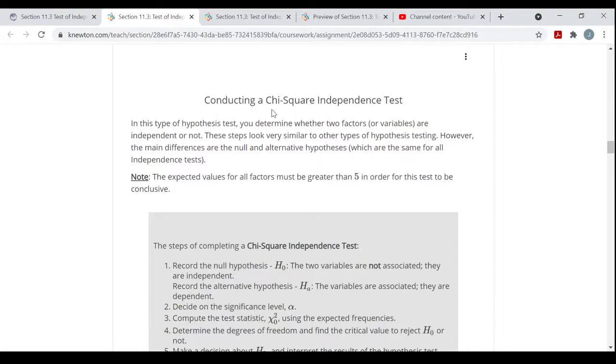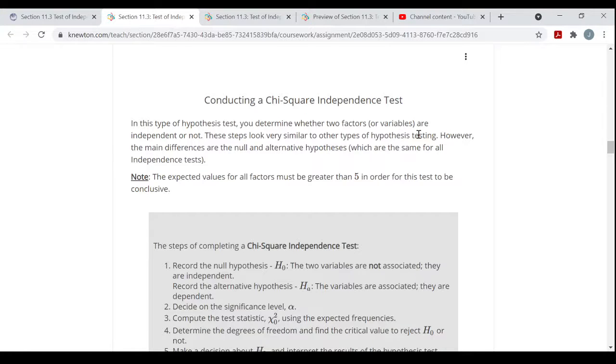So if we're conducting a chi-square independence test, as I mentioned, in this type of hypothesis test, you determine whether two factors or two variables are independent or not. These steps look very similar to other types of hypothesis testing.